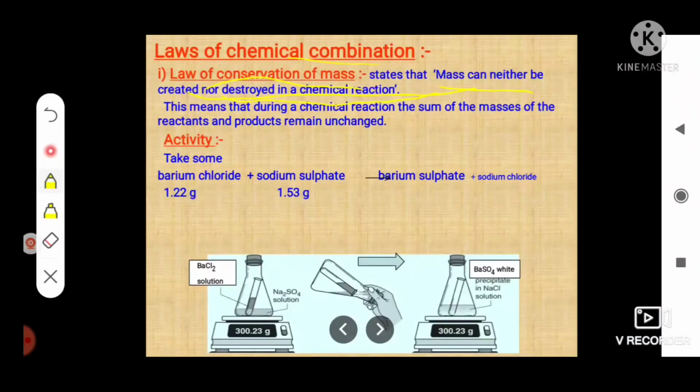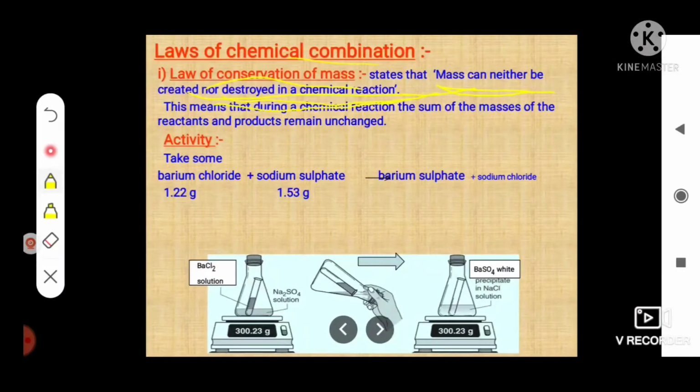The first law is the law of conservation of mass, and it was given by Antoine Lavoisier. It states that mass can neither be created nor be destroyed in a chemical reaction.